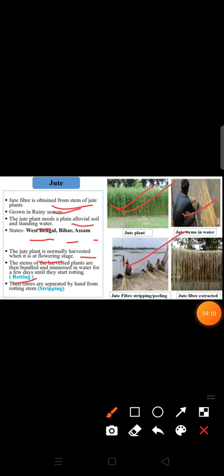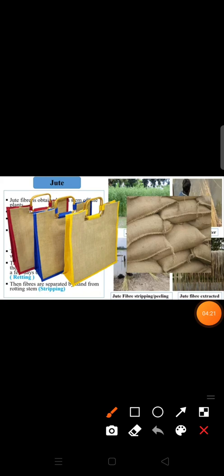There are so many uses of jute. Jute yarn is used for making gunny bags, sacks, and for wrapping packages. These types of bags are also made from jute fiber. High quality jute is woven into curtains, carpets, chair coverings and packing also.